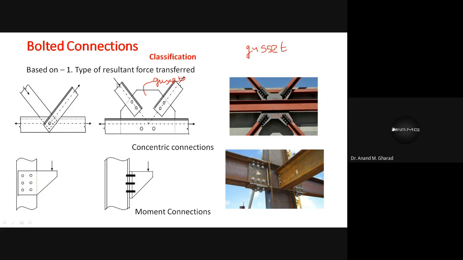And all the forces are meeting at one point. So the design is made in that order so that whatever forces the members may carry or experience, they will meet at one particular point. That condition is known as concentric condition. And therefore, such types of connections are known as concentric connections.